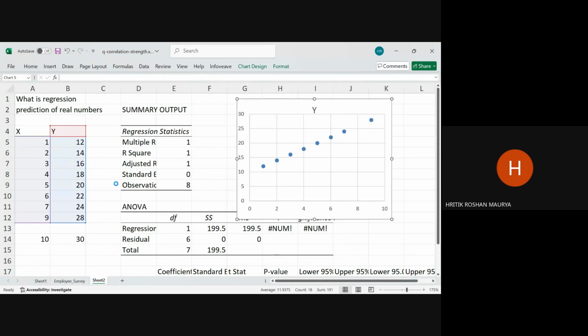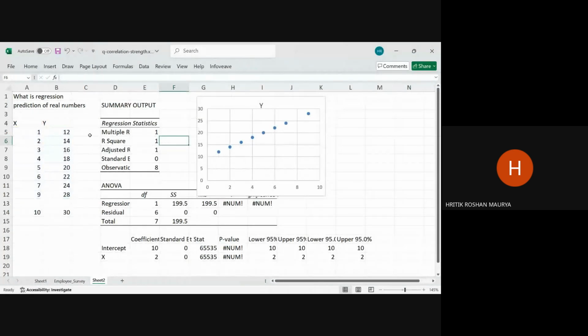This was the ideal line. Now in the real world, the y value may be like this. It might be 12, it might be 15, it might be 3, it might be 21, it might be some other values.